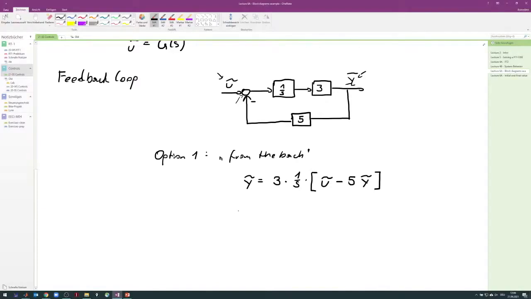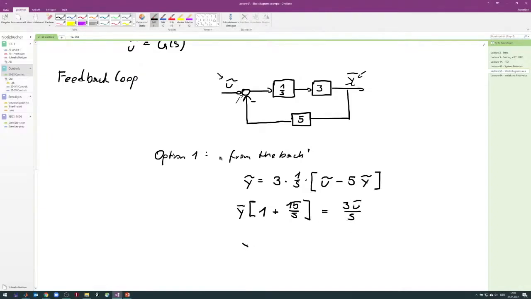So if you bring that to the other side, you get Y tilde multiplied by 1 plus, and we multiply this in there, so we actually get 15 over S, and that's it, right? On the other side, what remains is 3 times U tilde over S, if I'm not mistaken.